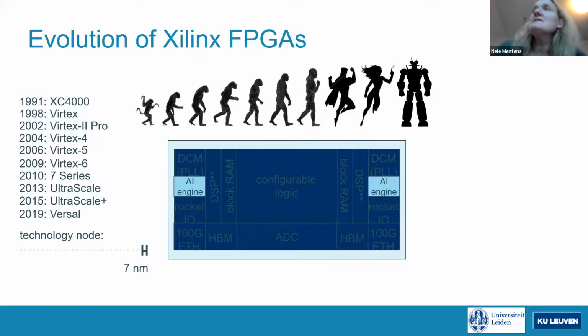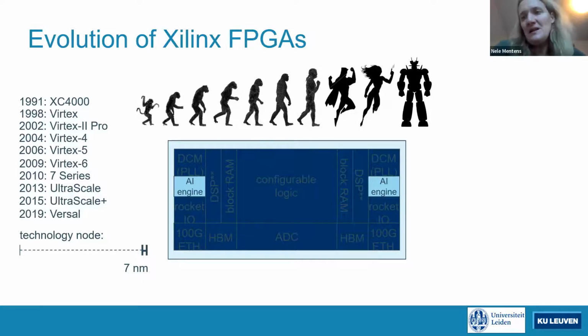And also the good thing is that since FPGAs are always produced in high volumes, FPGA vendors can follow the latest technology nodes. So when you buy an FPGA, you always have access to those latest technology nodes. And of course, higher efficiency also goes with going to a newer technology node.